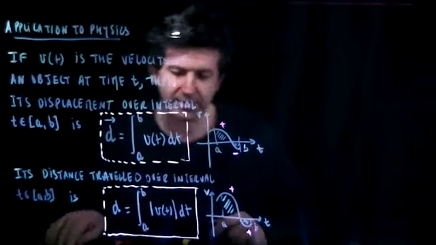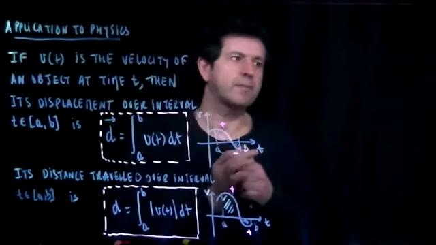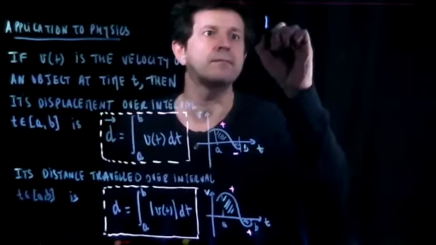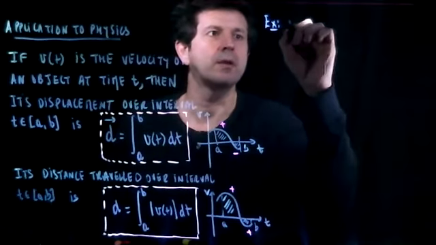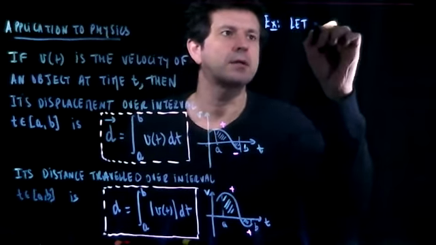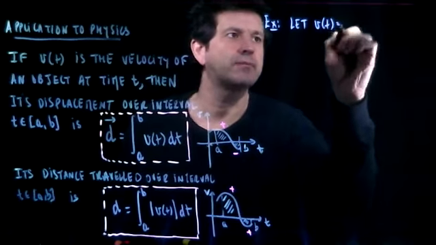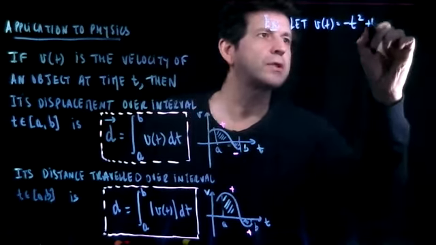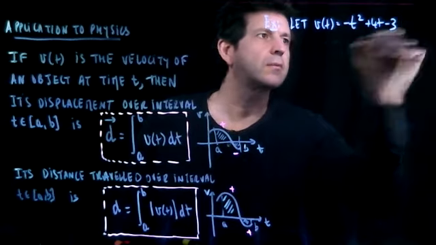Okay, let's try an example. Let v of t be negative t squared plus 4t minus 3.